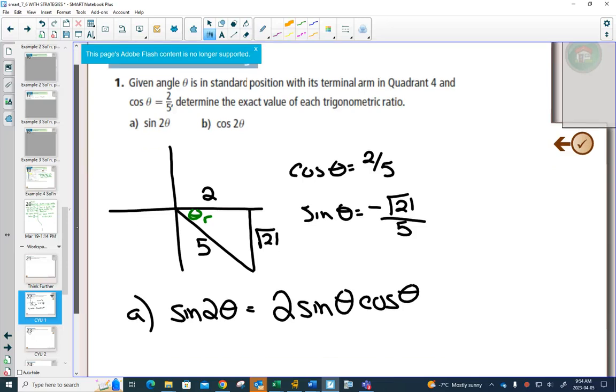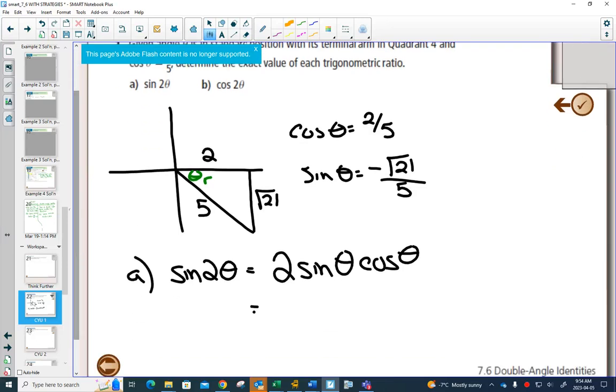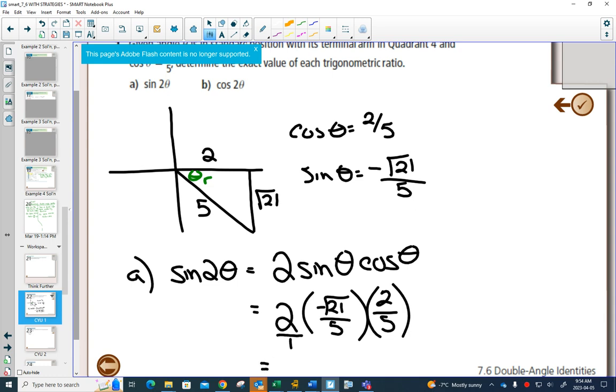And then, just like before, you do not know what theta is, but you do know what all of sine theta is and what all of cos theta is. So we can replace all of sine theta with negative root 21 over 5, all of cos theta with 2 over 5.